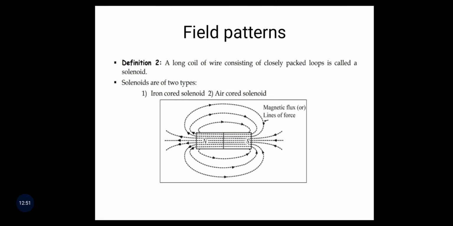Solenoids are of two types: iron core solenoid and air core solenoid.